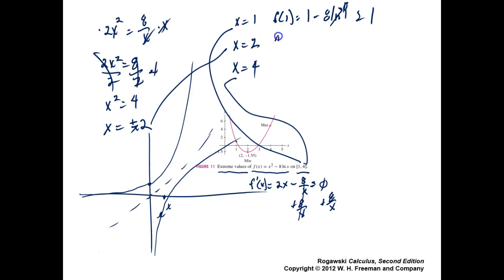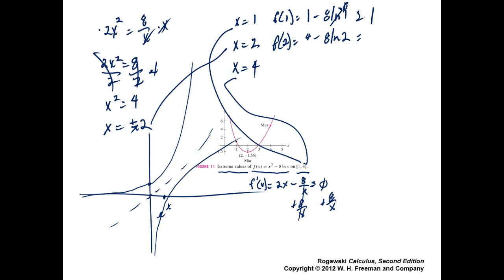Okay, so now let's do f of 2. And that would be 4 minus 8 log 2. Now, log 2 is not a number I happen to know, so I say plug it into your calculator.